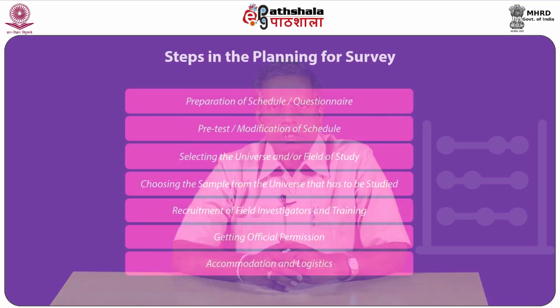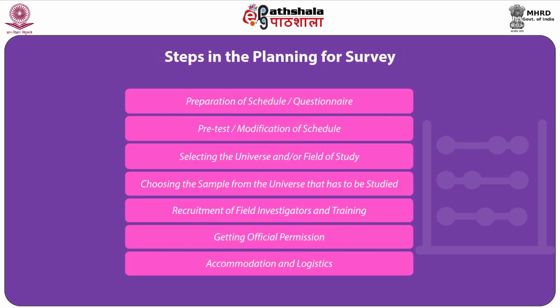The second major point to be considered while organizing a survey is accommodation and logistics. Generally, surveys will be carried out at different places which may be far away from the researcher's place of work and or residence. As the survey has to be completed within a definite period of time, researchers and or field investigators who collect the data mostly stay either in the place of survey or field work or nearer to such places.